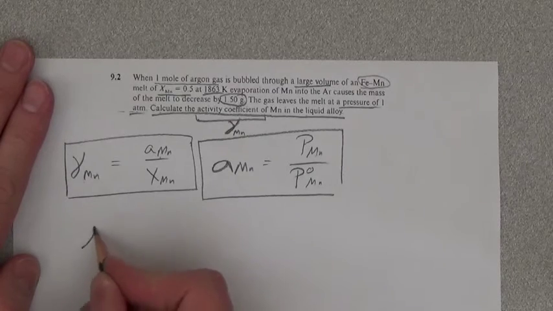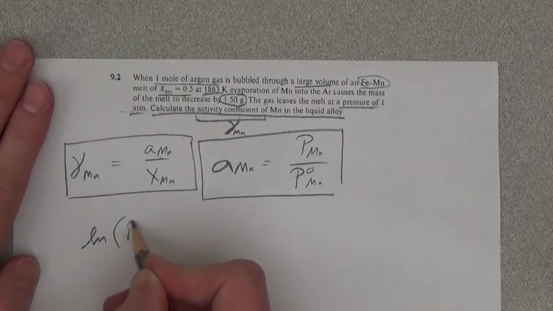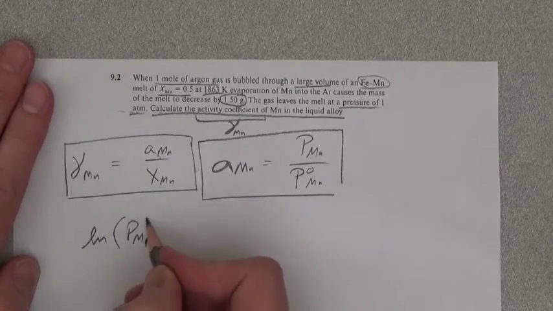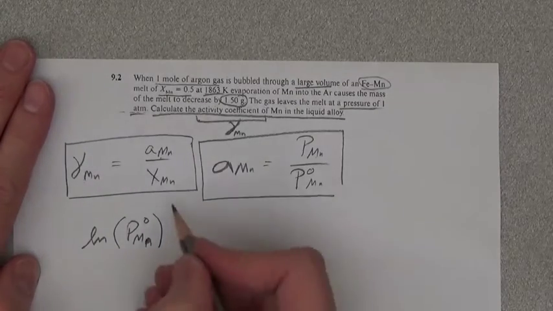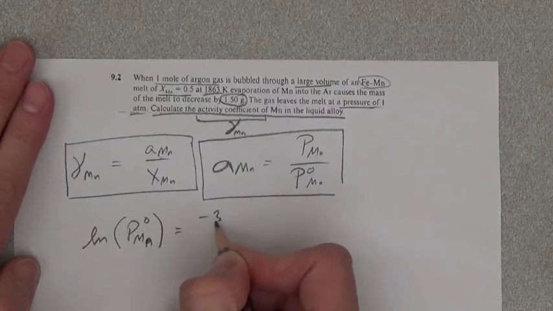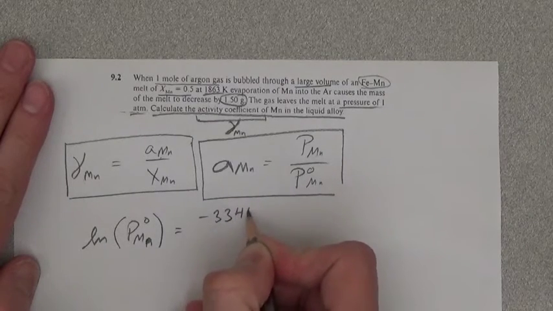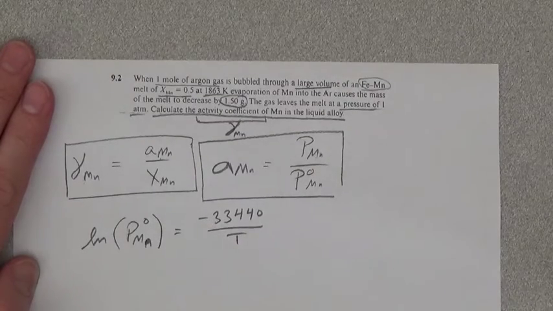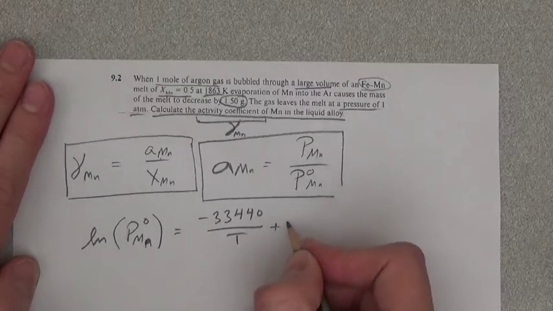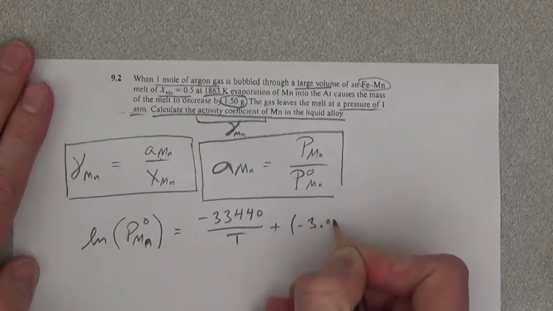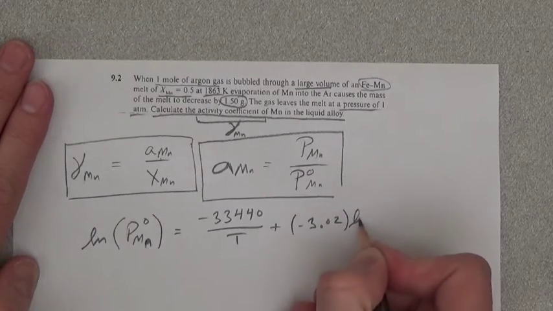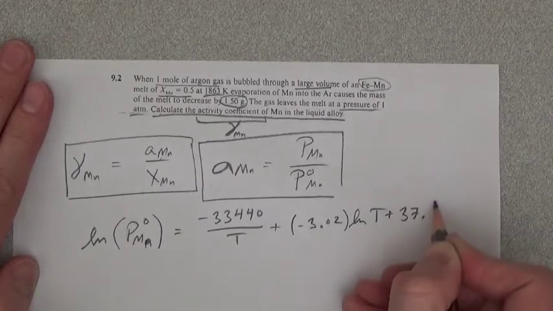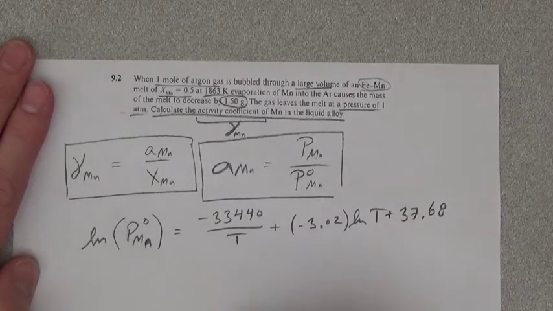That gives us the natural log of PMn 0 is equal to minus 33440 divided by the temperature plus negative 3.02 times the natural log of the temperature plus 37.68.